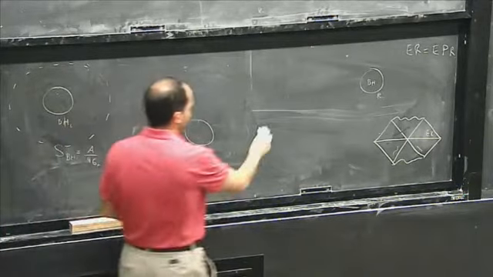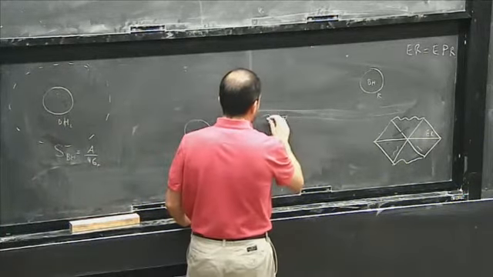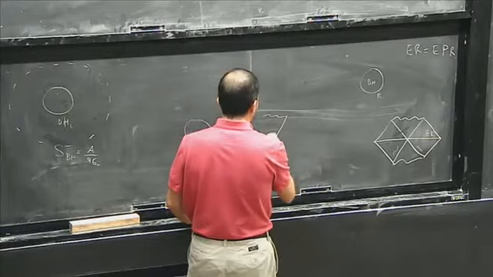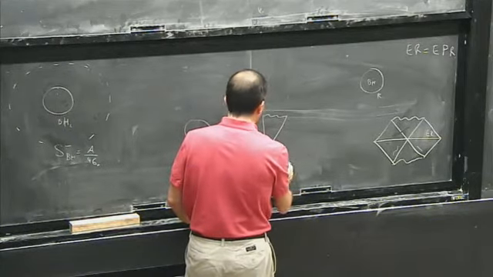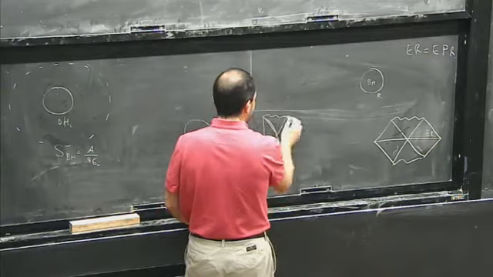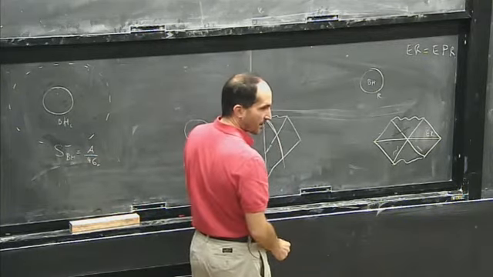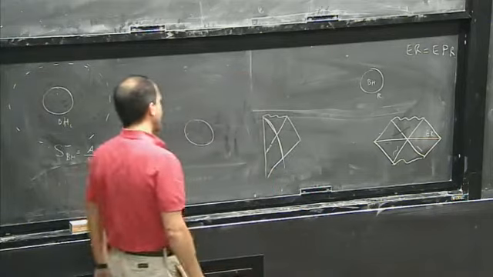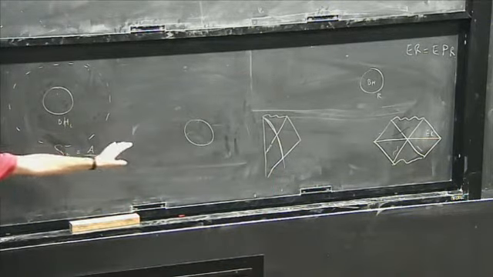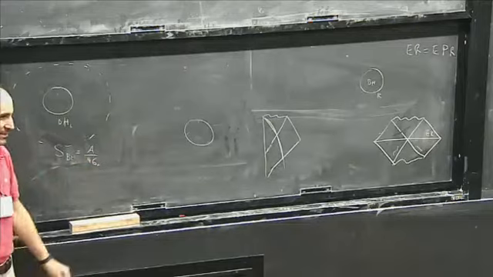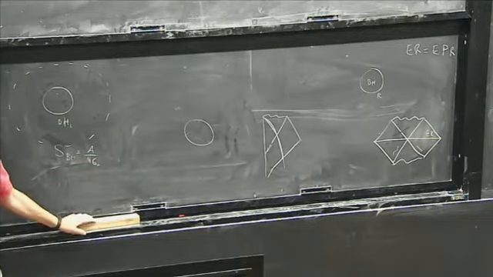For a black hole that has just collapsed, ignoring the effects of black hole evaporation for now, this is the Penrose diagram, and there is no second copy. It's not entangled with anything else. So that's the state in which black holes that form in our universe will be.